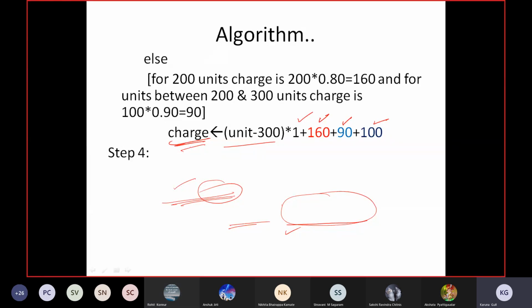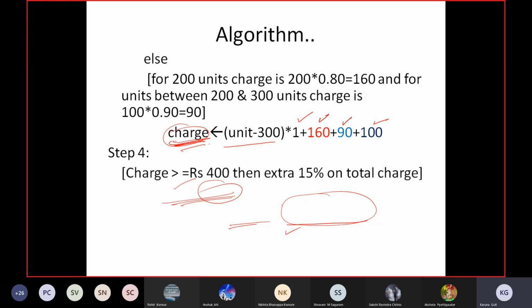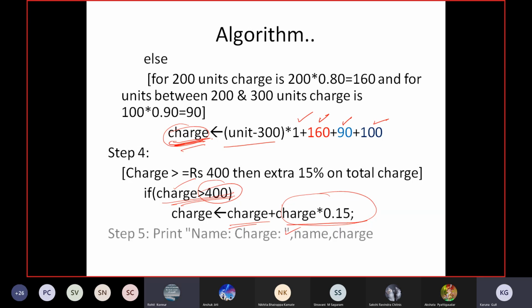Depending on that, this charge is going to change. If this charge is lesser than 400 rupees, then I'll be paying only the charge that I have calculated. Otherwise, I have to pay an extra 15%. Clear? Yes, ma'am. So that's what I am displaying at the end.